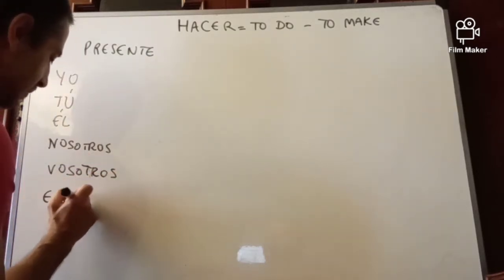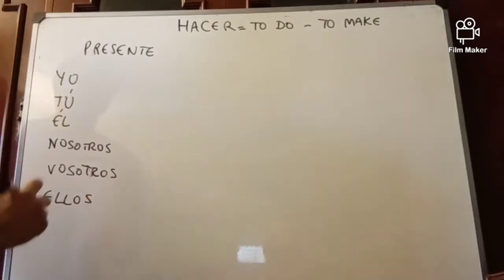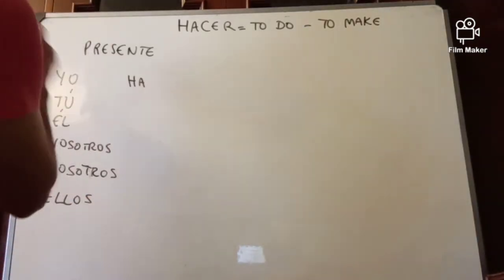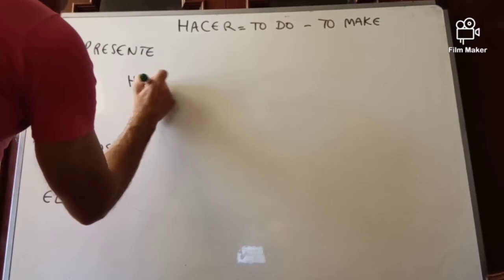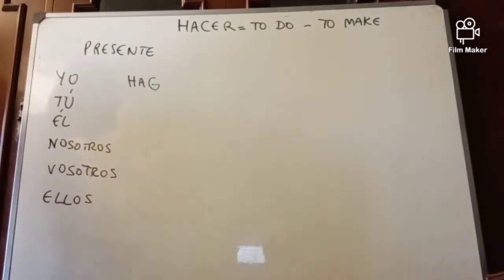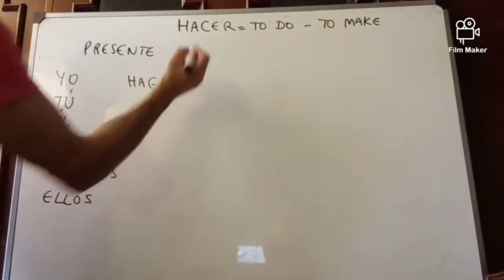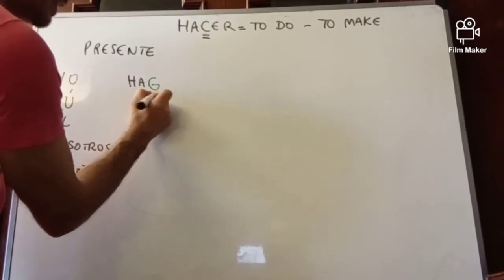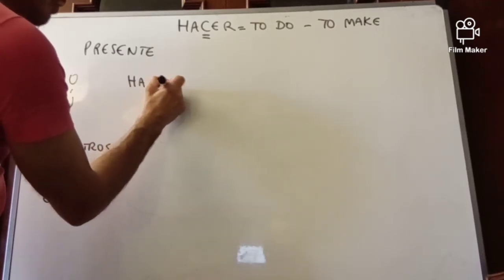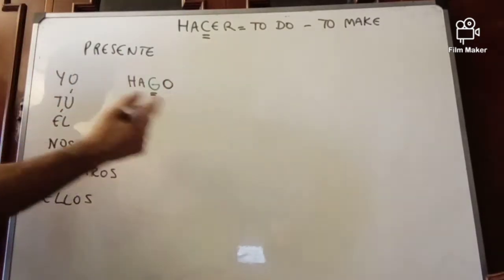Y ellos, ellas. More irregular for the first person in the singular, because we have to change the C for a G. So, yo hago. I do, I make, yo hago.